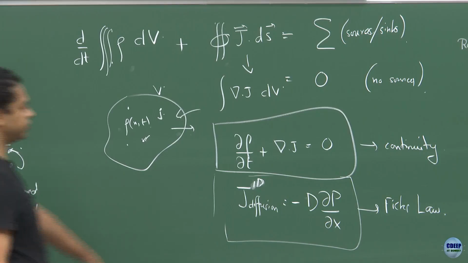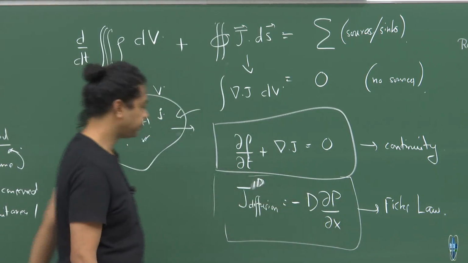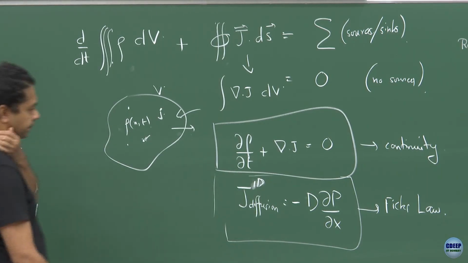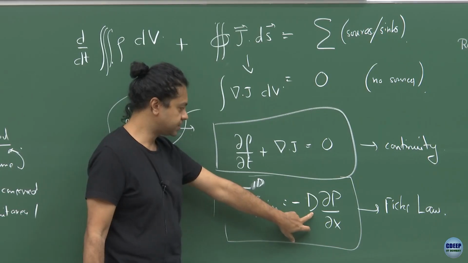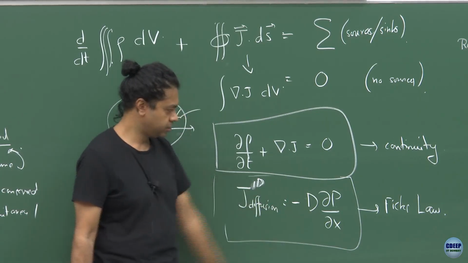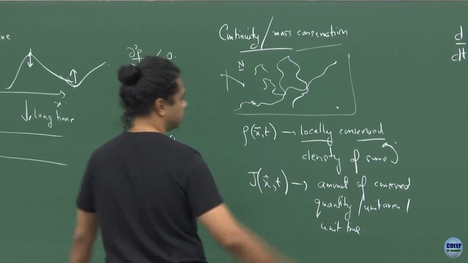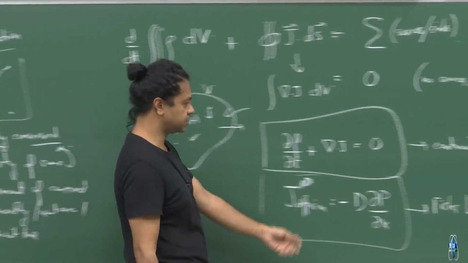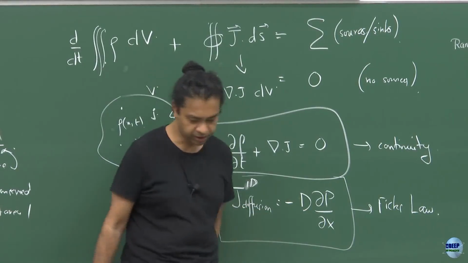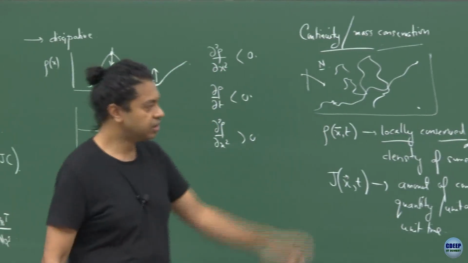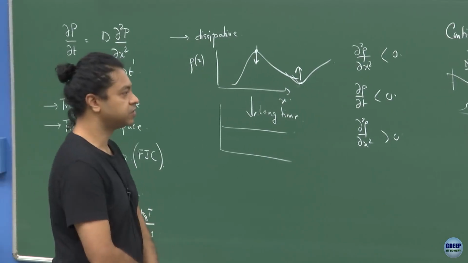I could have just written minus D del rho essentially. The subtlety comes sometimes when you have diffusion coefficients which are themselves spatially varying. I have talked about a homogeneous diffusion coefficient which has this value D everywhere, but one can generalize this to more complex cases, including when the diffusion coefficient is a function of time.